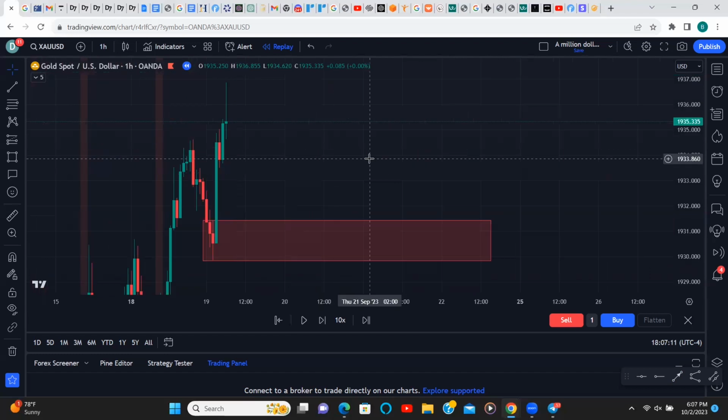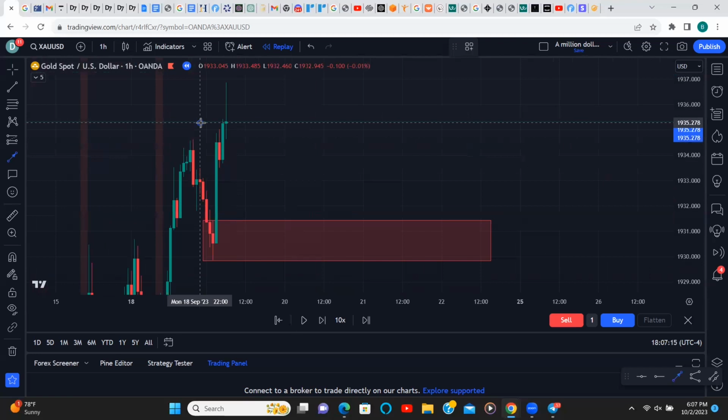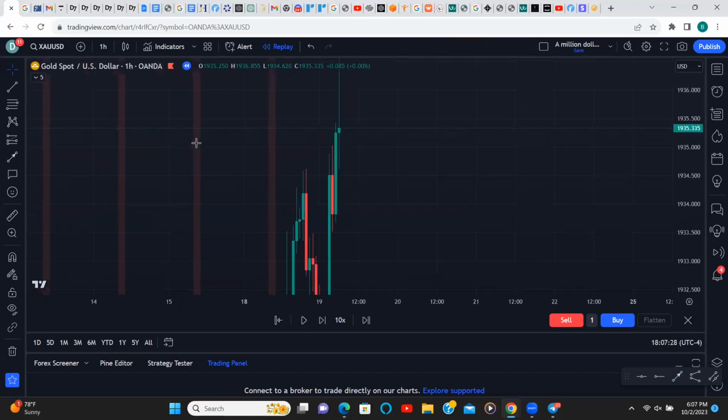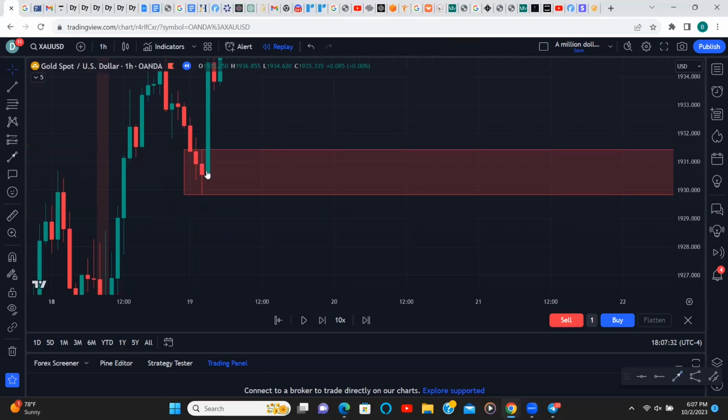We notice that price breaks structure. As we see, we have the candle, the full body closing above this higher high right here. So as we know, this is a full break of structure. Let's zoom in so you can see that. Full break of structure.